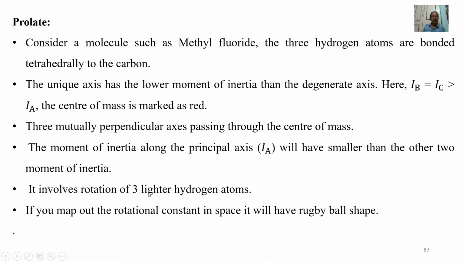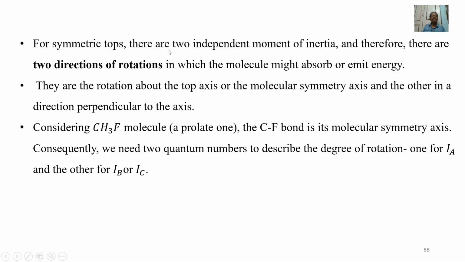If we map out the rotational constant B in space, it will have a rugby ball shape. For symmetric tops, there are two independent moments of inertia, and therefore there are two directions of rotation in which the molecule might absorb or emit energies. They are the rotation about the top axis or the molecular symmetry axis, and the other one in the direction perpendicular to the axis.